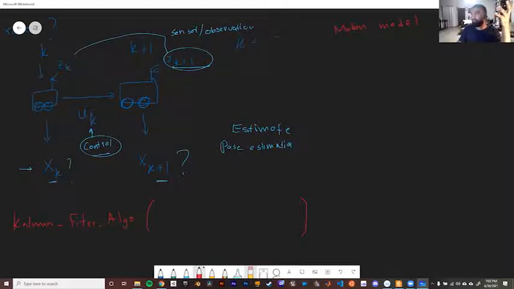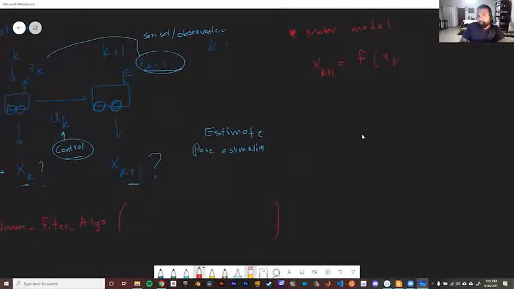Very simply, let me write it in the most general form and then I'll explain it. A motion model says what xk plus 1 is. It's a function that takes in xk and the control command and tells you what xk plus 1 is going to be.